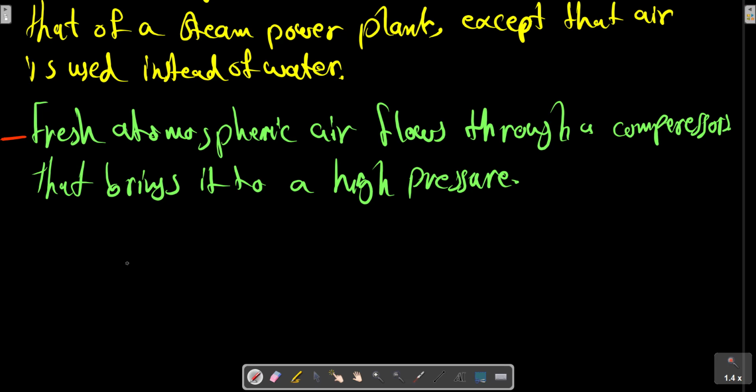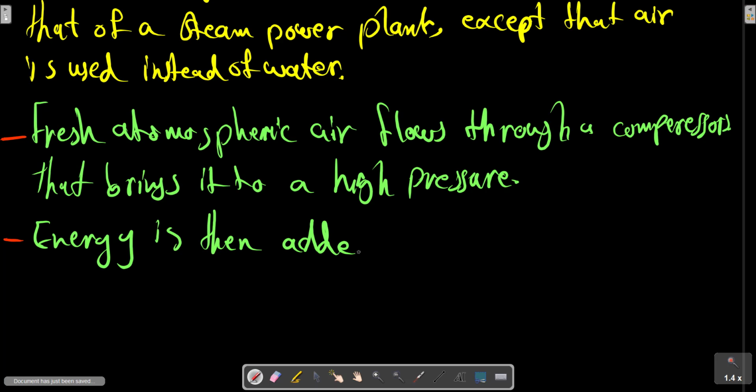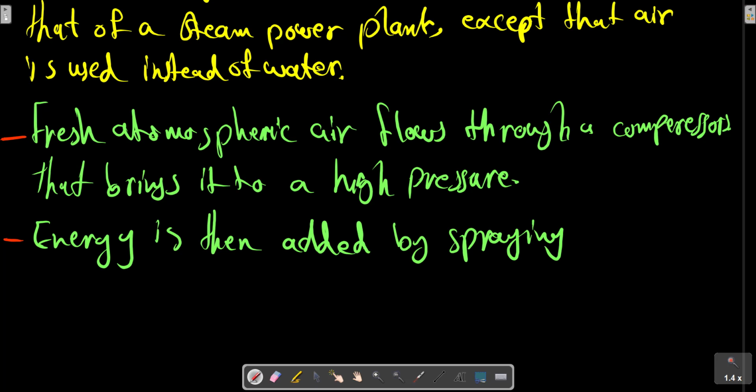Energy is then added by spraying fuel into the air and igniting it, so that the combustion generates a high temperature airflow.